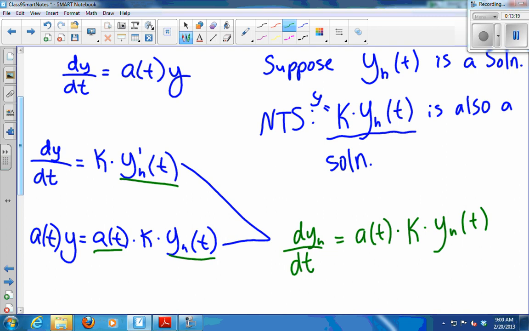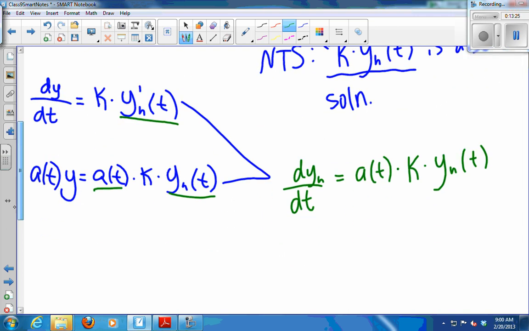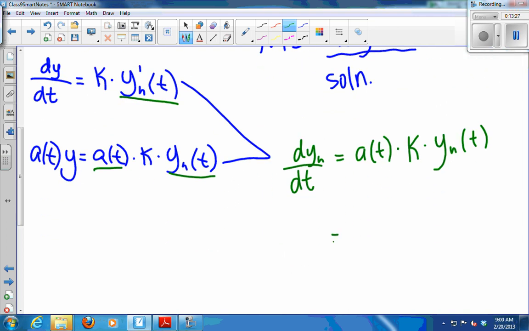But k times y sub h, that's y. So this is A of t times y, which is the original equation. I know that this is true from my initial equation.